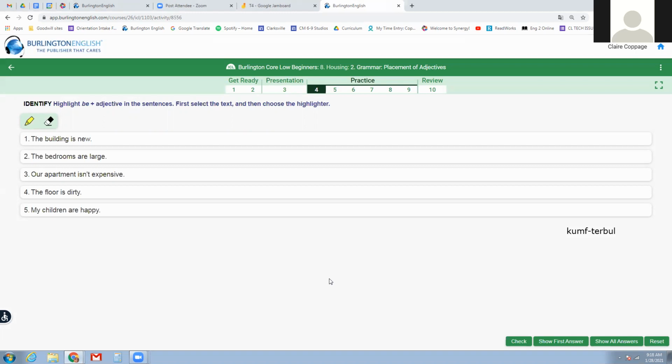And the adjective is new. Good job. Number 2. The bedrooms are large. Large is are large.